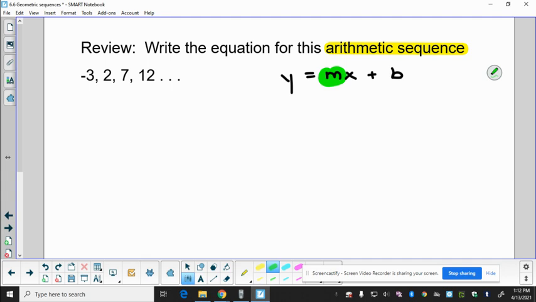Well, that's the pattern, right? So what is happening as you go from one number to the next? The slope is your number that's added or subtracted over and over again. Can you tell what it is? I can tell. It looks to me like the slope is adding 5 each time.